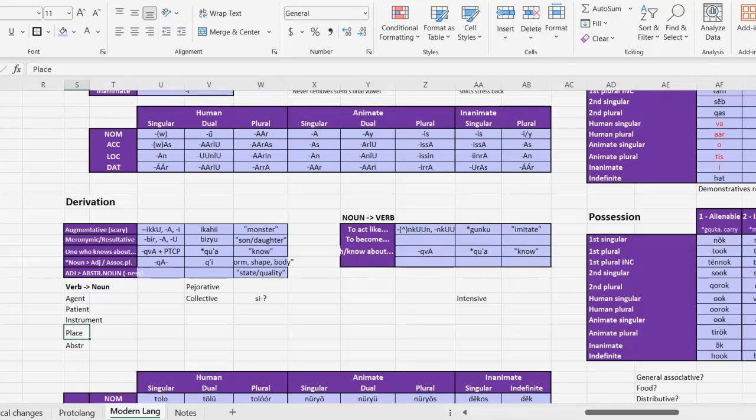Which makes me think about this affix down here. If we had an affix for the place of something, could that fill this same function? So like if it goes on a noun or a verb, it means the place of such and such. But if it goes on an adjective, it means ness, the quality of being such and such. Yeah, that's a weird one, but I kind of like it.